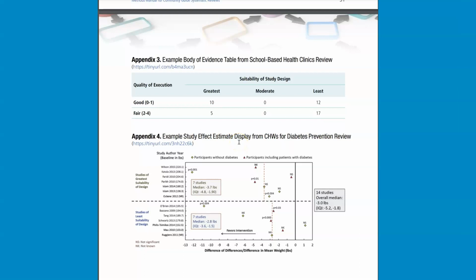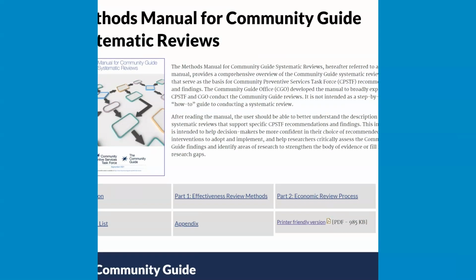This is an example study, effect of community health work for diabetes prevention. And the studies of greatest suitability were provided versus least suitability. So this is where the information came from in trying to understand that.